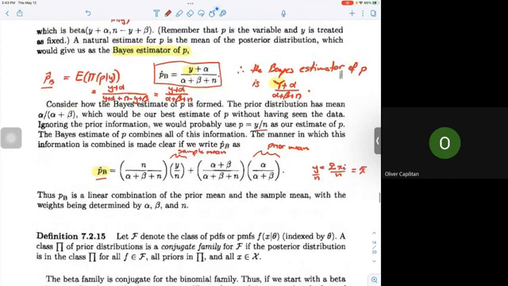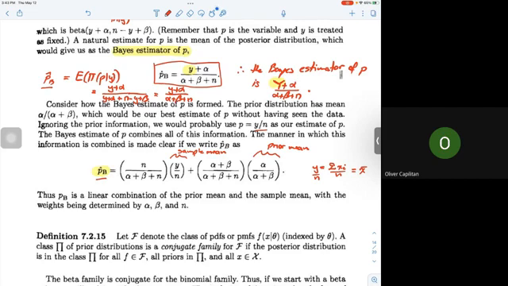Okay, so in the above problem, we actually chose the prior distribution that comes from a beta family.